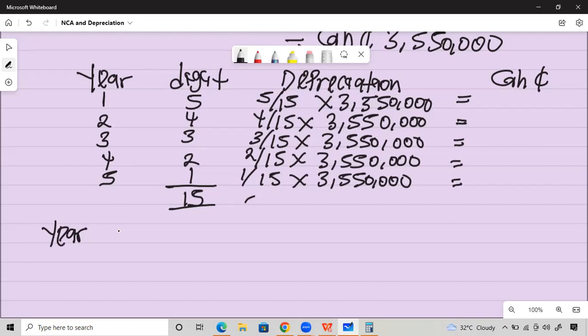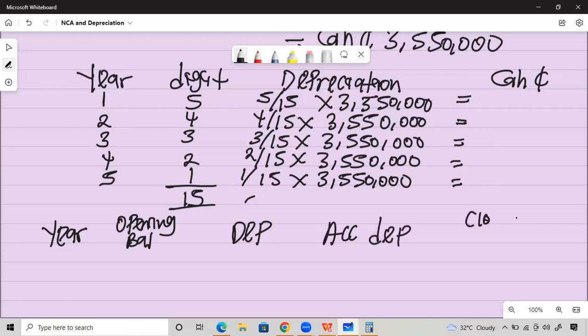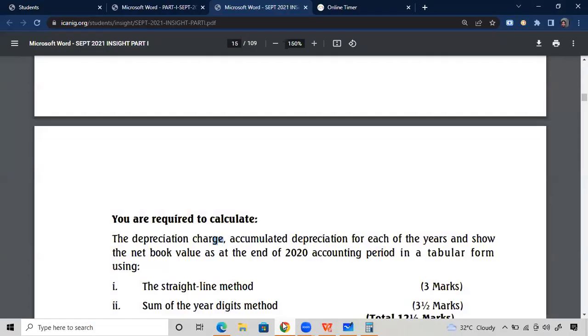I can call this one opening balance. Then I'll call this depreciation. Then I'll call this accumulated depreciation. And I'll call this closing balance.